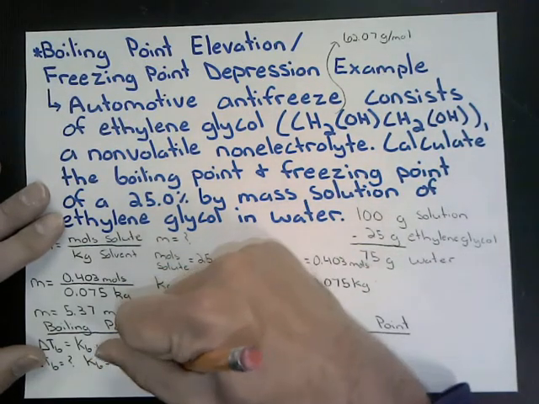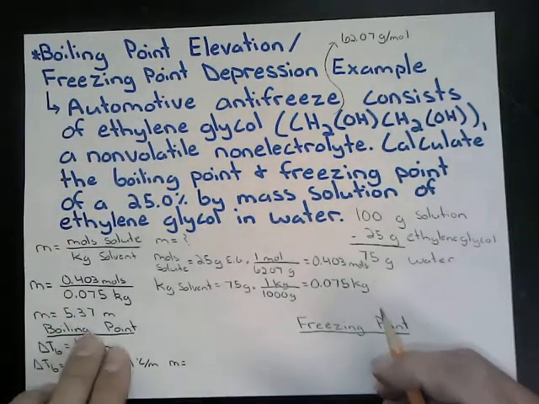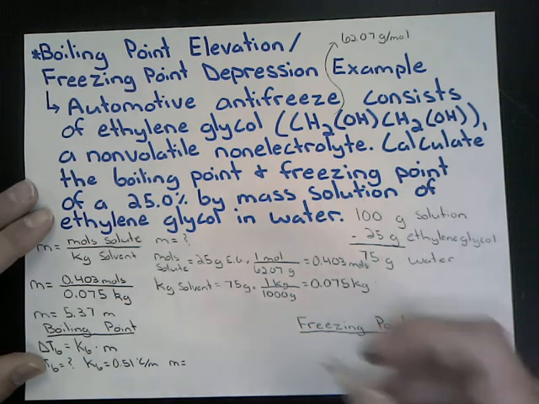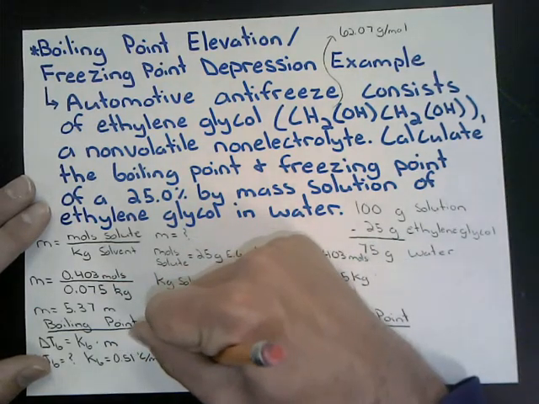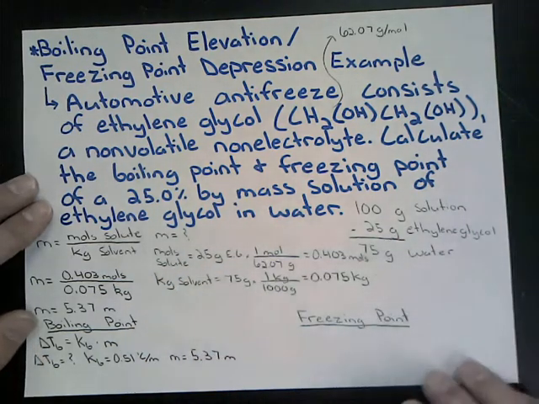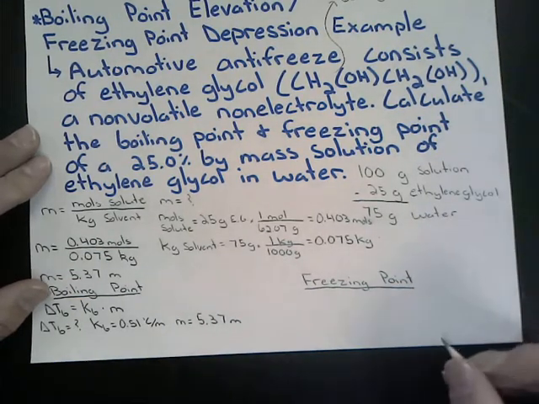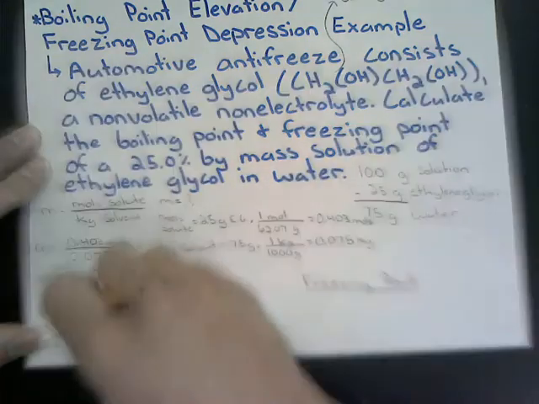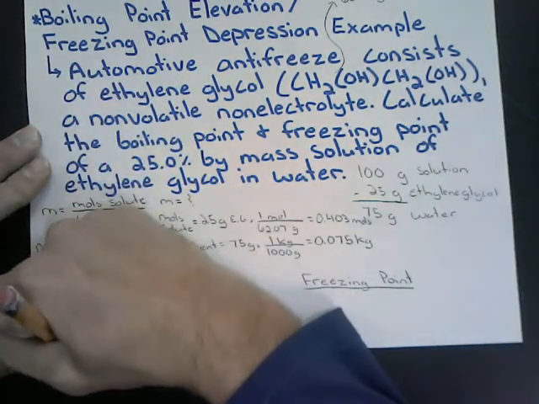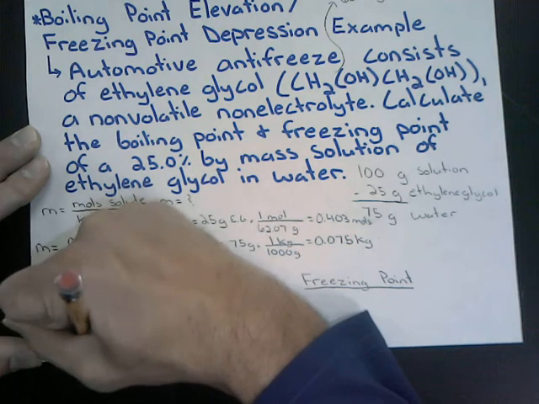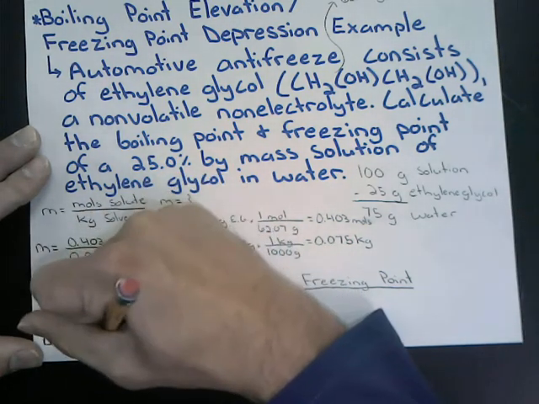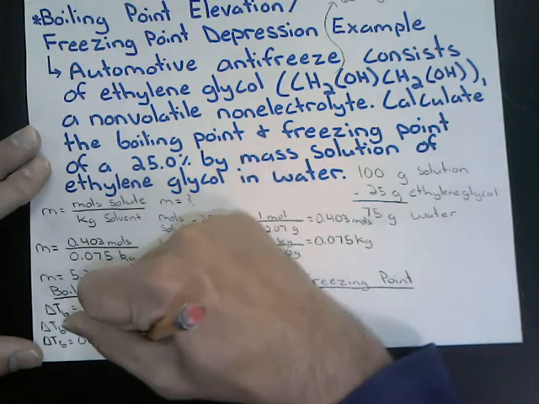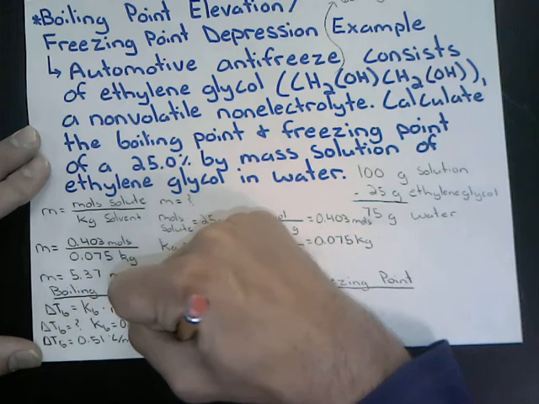Now our molality, our little m, we just spent the time calculating that, and we found our molality for this particular solution to be 5.37 m. Now, we go ahead, we plug these values back into our particular formula, so we get delta Tb is equal to our boiling point elevation constant, 0.51 degrees Celsius per molal, times 5.37 m.